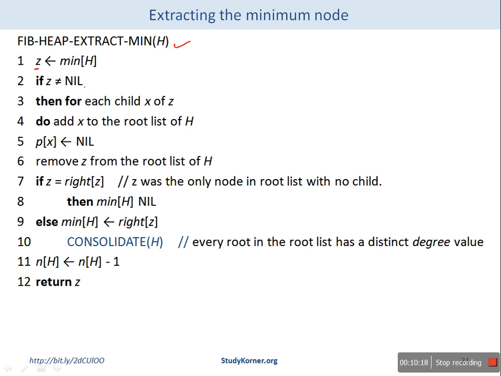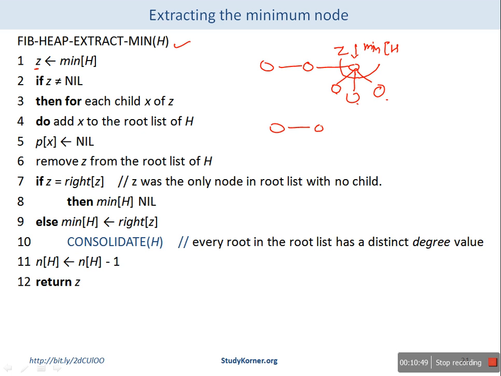Then if z is not equal to nil, then for each child x of z, we have to add x to the root list of H. So suppose in my Fibonacci heap, this is the min pointer, min of H. If this node has 3 children, and this is now pointing here as z, then if you want to extract this node, merge these children into the root list.